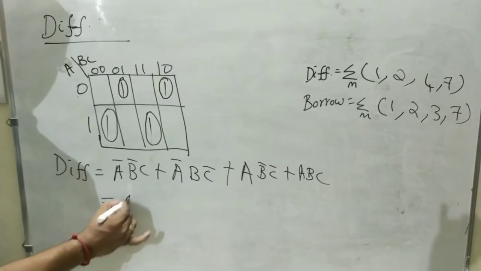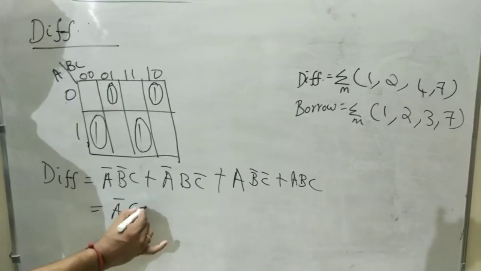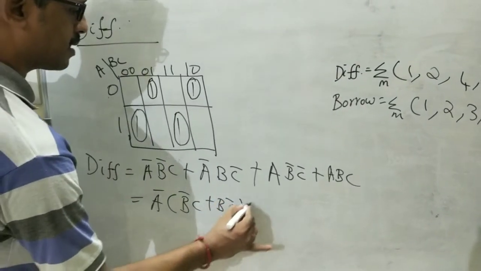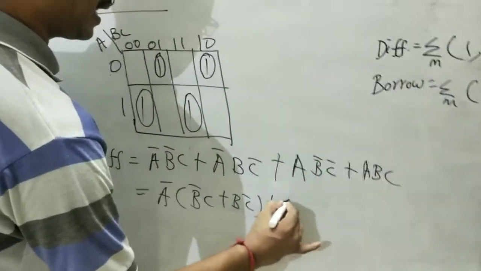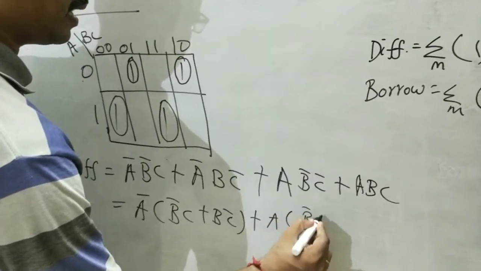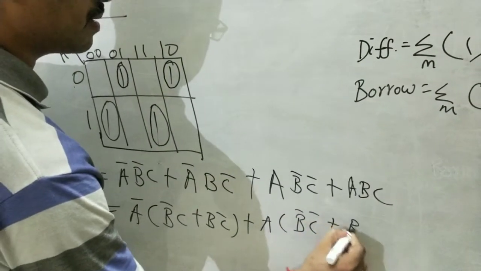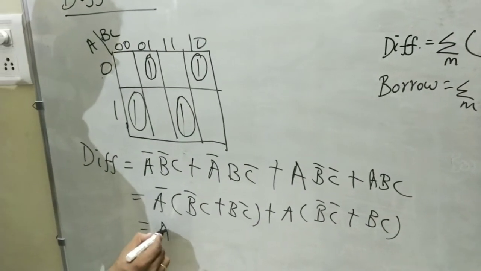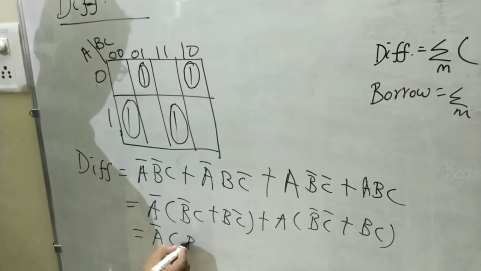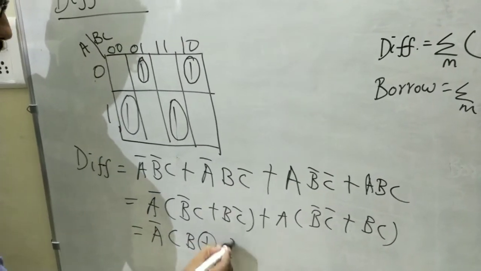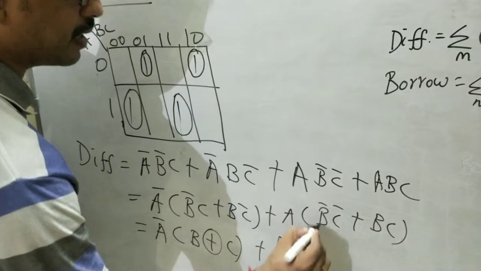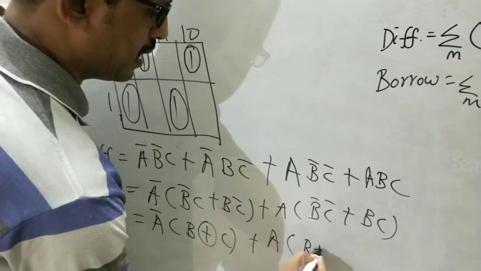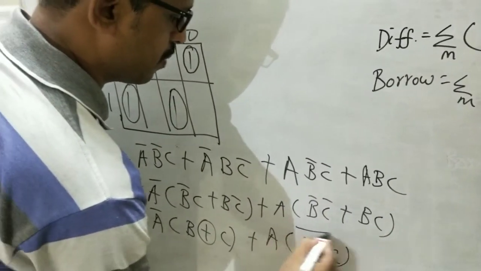We will take A dash common for these two terms, A dash into B dash C plus B C dash, plus here we can take A common, B dash C dash plus B C. Okay, so this becomes A dash into B XOR C plus A into B dash C dash plus BC, which is nothing but B XOR C complement.